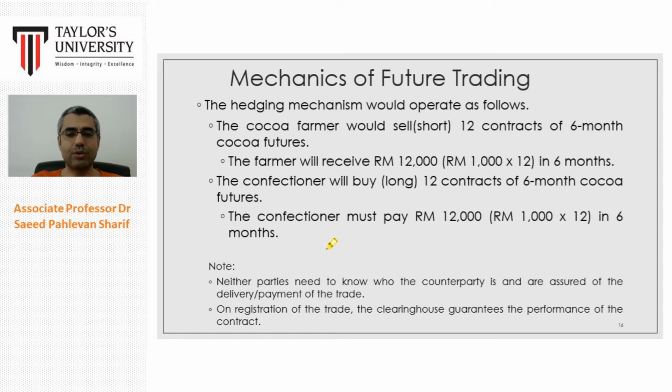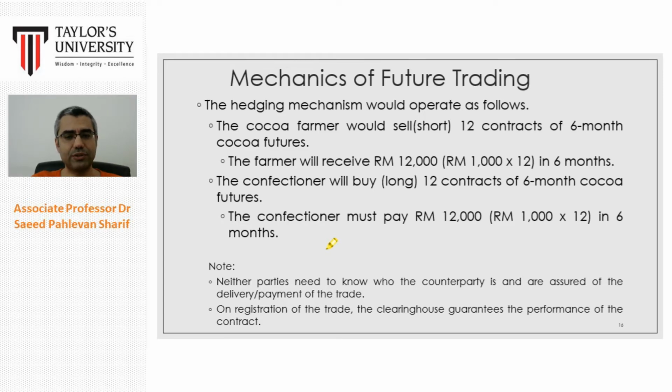So if the cocoa farmer is long, he needs to sell futures contracts, taking an additional reverse position on the position that he has on the asset. So the cocoa farmer sells futures contracts. How many contracts? There are 120 tons. Each contract covers 10 tons, as I mentioned in the previous slide, so 12 contracts. The cocoa farmer needs to sell 12 contracts.